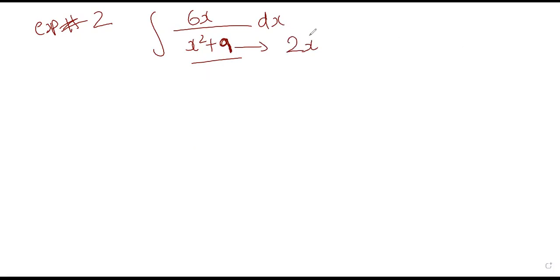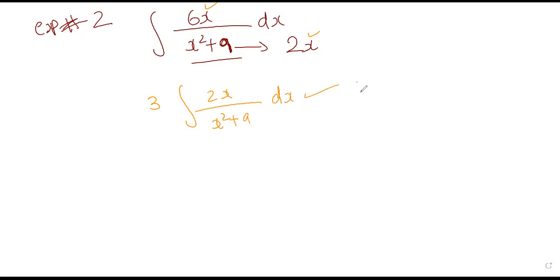Yes. So at least I have my x here. I do not have 2x, but I have x, and that x is enough. I can always make 2x in the numerator by taking 3 out. So I'll have 2x over x square plus 9 dx, and I am good to go.